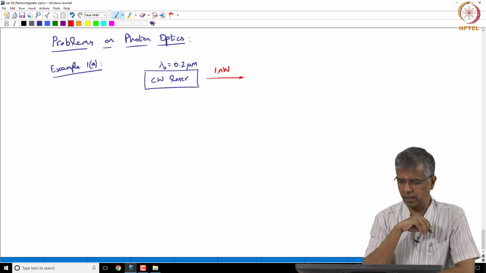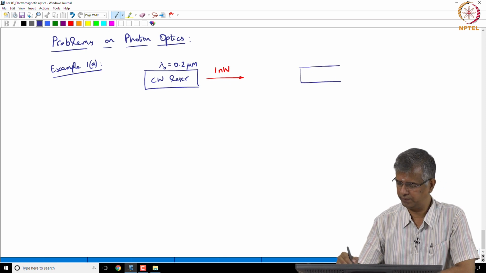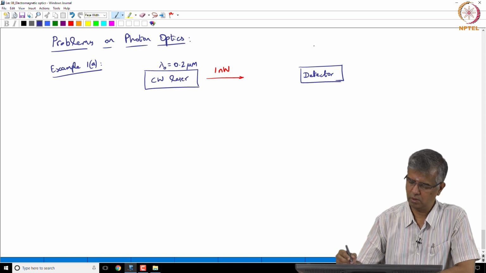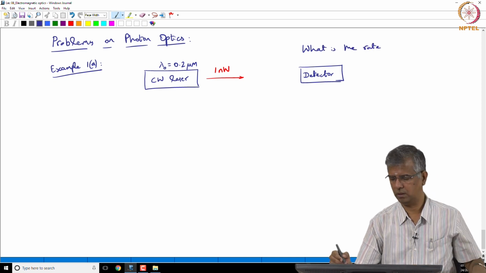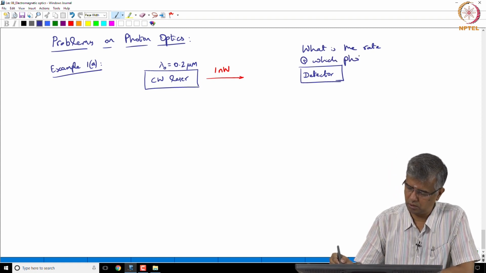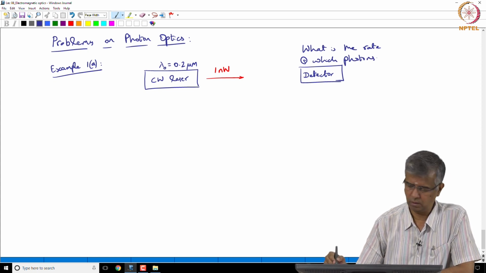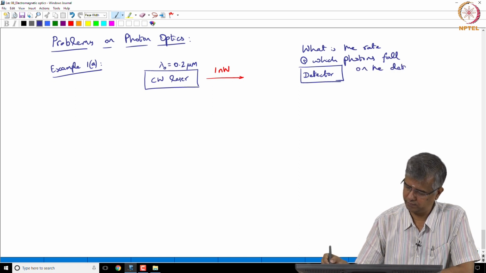Now what you are asked to figure out is, if you put a detector over here, what is the rate at which photons fall on the detector.